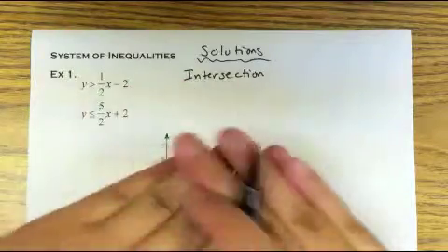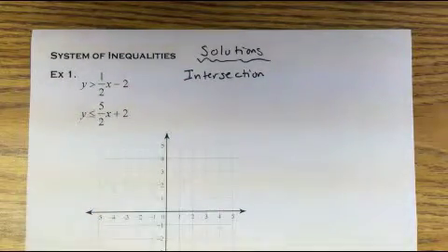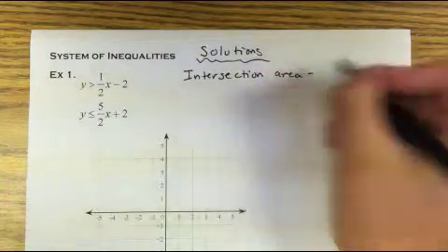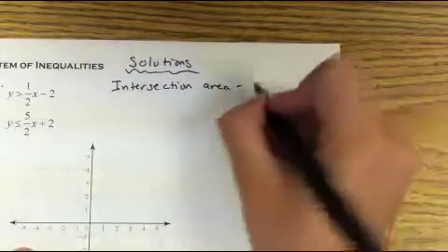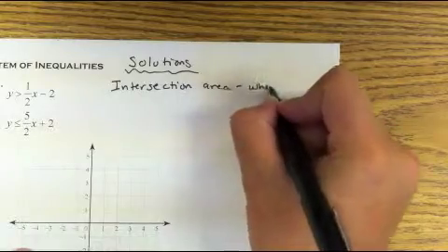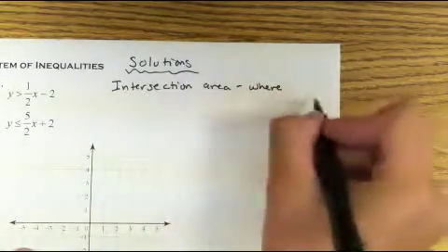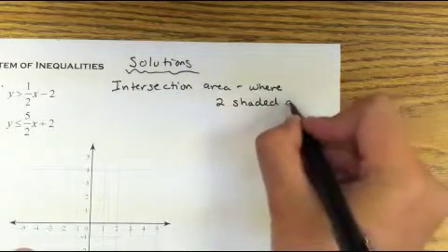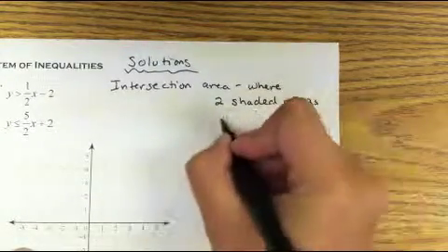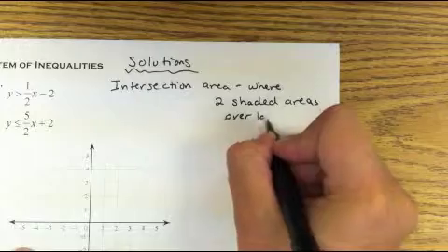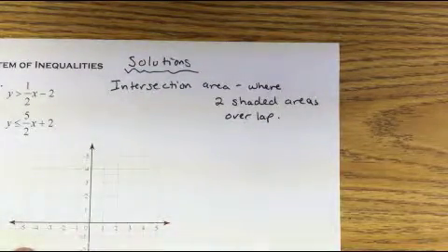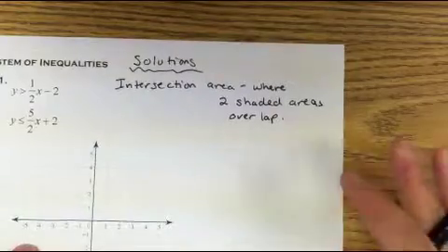And wherever they overlap, that is our intersection area. So we're going to say where two shaded areas overlap, that is your intersection area. That is your solution. Does that make sense?